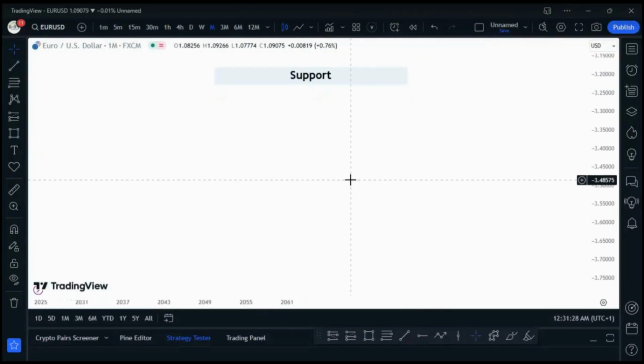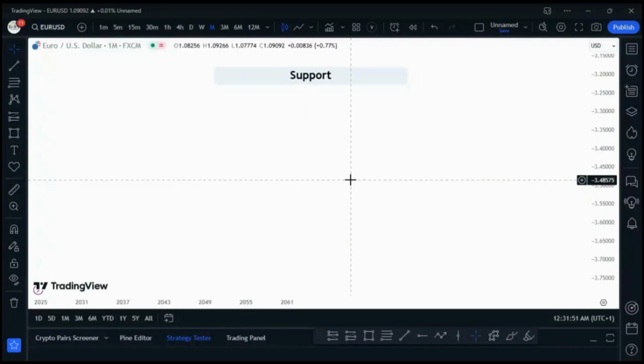Now, when it comes to trading, support means a level which price has visited about 2 to 3 times, and that level is seen as support because it is strong enough to hold the market from breaking lower.